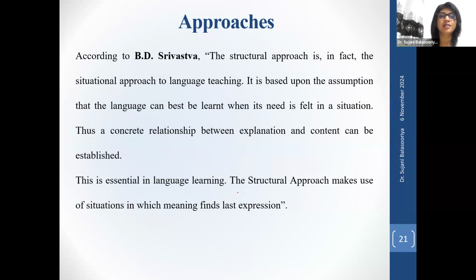There is an idea by D.B. Srivastava. What does he say? Please go through this line. He says that structural approach is situational. Language can best be learned when its need is felt in a situation.